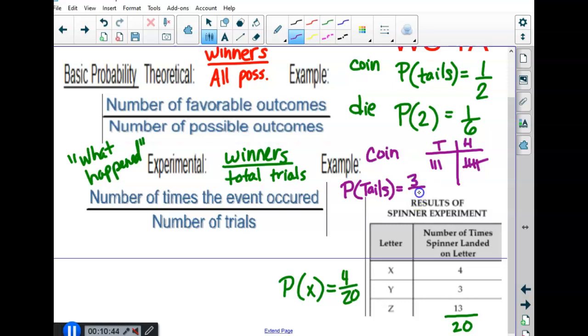Out of how many trials did we do? 8. Is everybody okay? Anybody lost? 3 tails, 5 heads, so a total of 8 trials. So even though in theory, the probability of getting tails is 1 out of every 2, or half, we did an experiment and got tails 3 out of 8 times, okay? That's the difference between those.